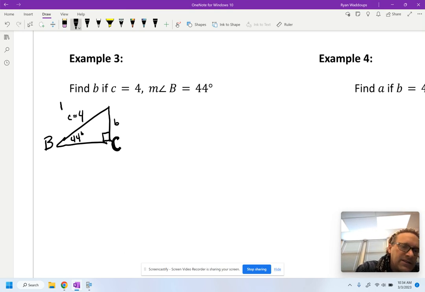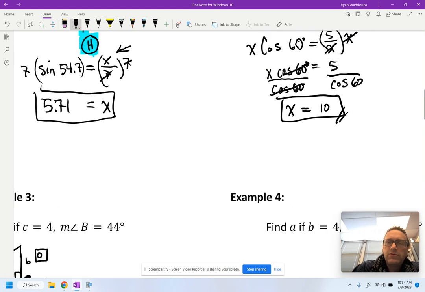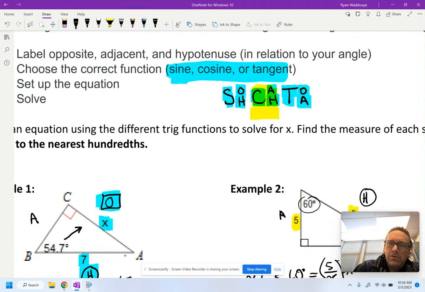So now I'm going to label this again. This is H for hypotenuse, and the b over here, since it's not right next to the 44, but opposite, this is O for opposite. And so then I know to use O and H, which is, let's see, O and H is our sine.